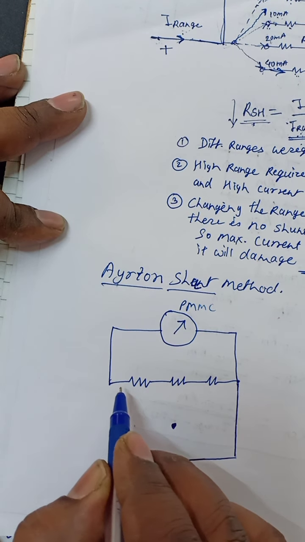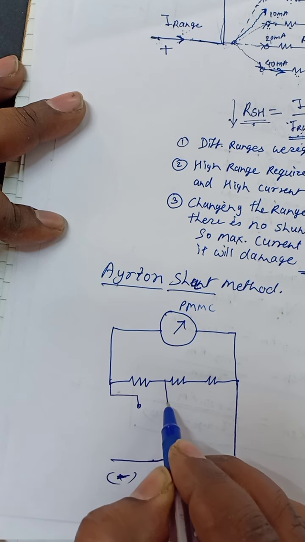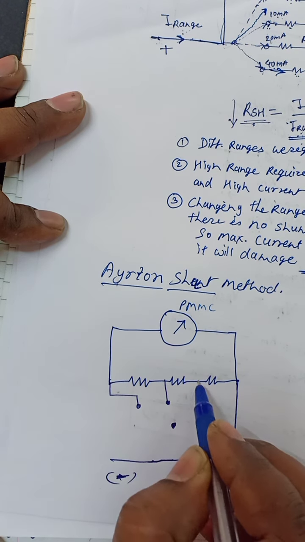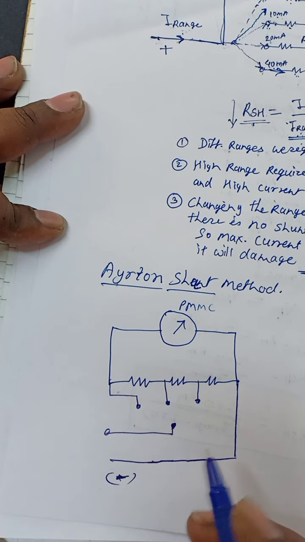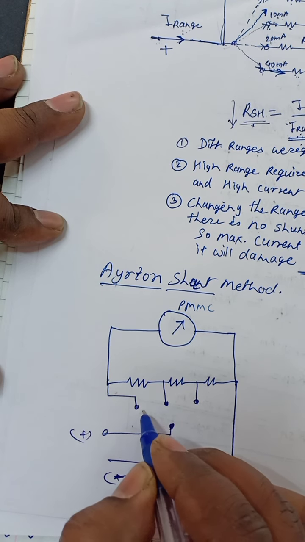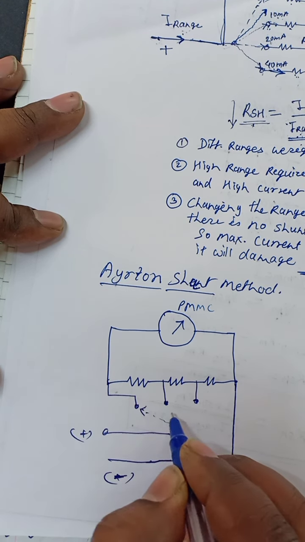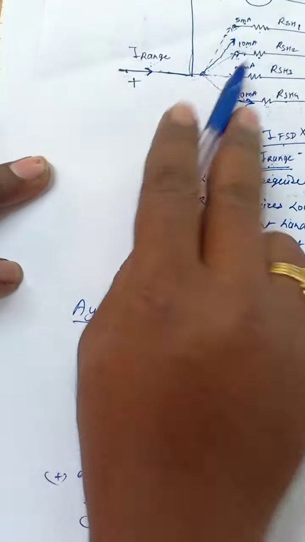So the first range is this one, this is the second range and this is the third range. So this is the selector switch, and this is the positive terminal. So it can select the first range, second range, or third range like this.